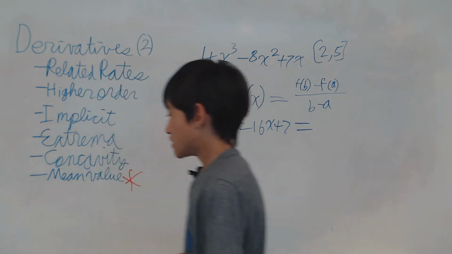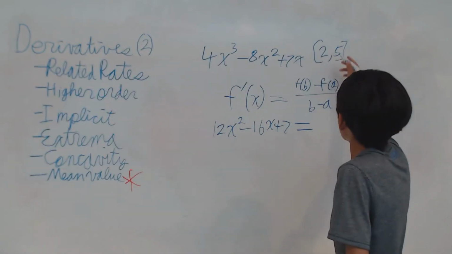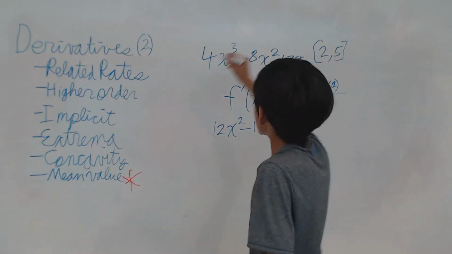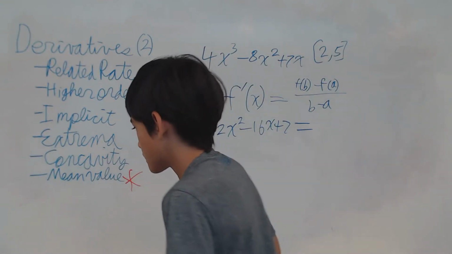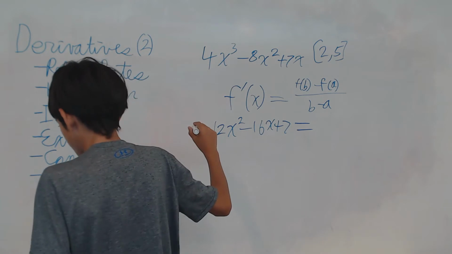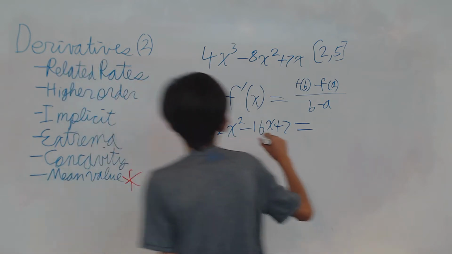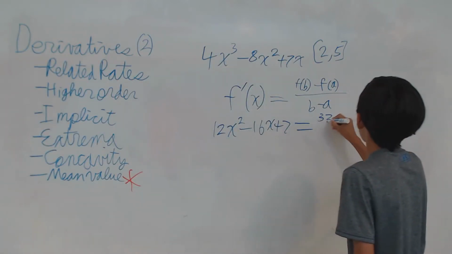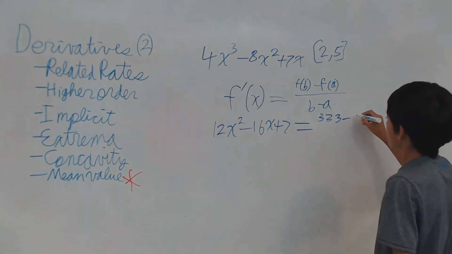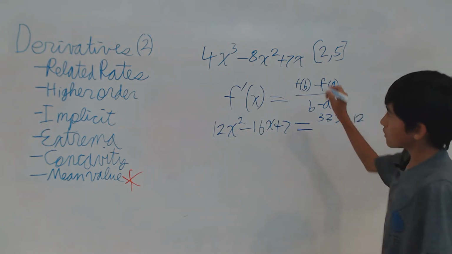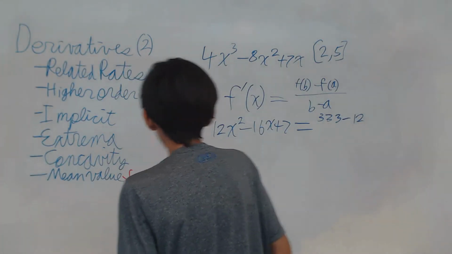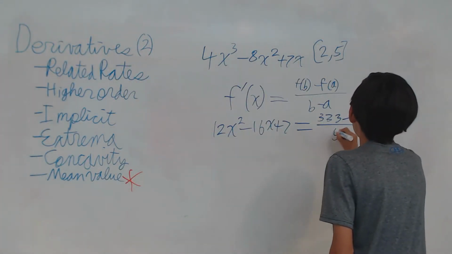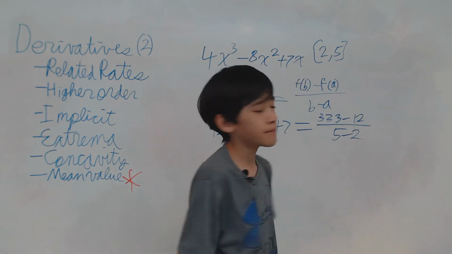And then, so we plug that in, 4 times 5 cubed. Well, let's just write out what it would eventually be. That would be 333 minus f of a, which is 12, plugging in 2 to the equation. And then lastly, over 5 minus 2, because it's b minus a.